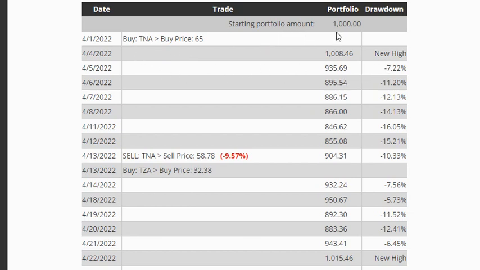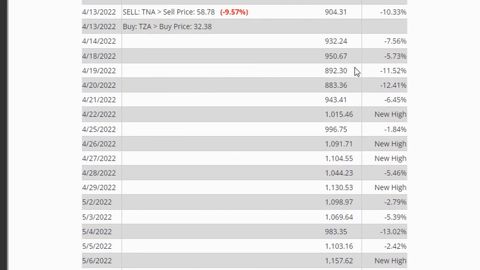So this portfolio of $1,000, this fictitious portfolio, had gone up the very first day, so that was a new high, and then afterwards it went down. It went down to a -16, and then it came back to a new high. So it didn't trigger a drawdown because that's a -17. So that's a pretty strong signal.